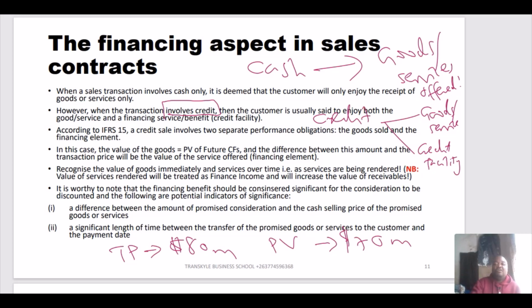So you have to value the goods at 70, and then the balancing figure of 10 million becomes the finance income, or the interest income. The 10 million will be the interest income.